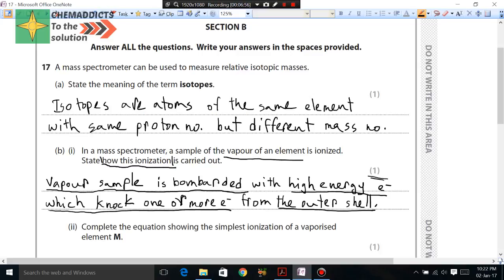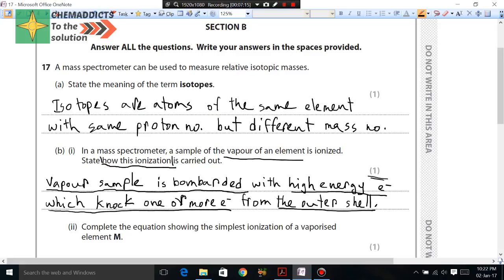First, vapor sample is bombarded, then with high energy electrons, which knock one or more electrons from the outer shell. That's the answer to this question.